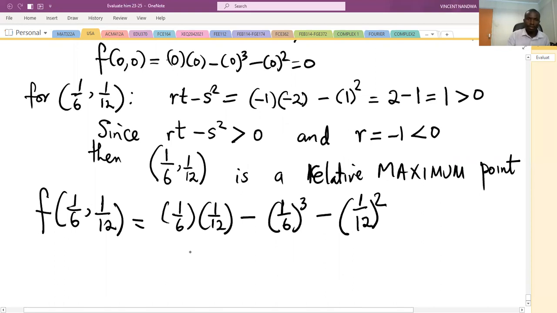So I have 1/72 minus 6 to the power 3 is 216, minus 12 squared is 144.